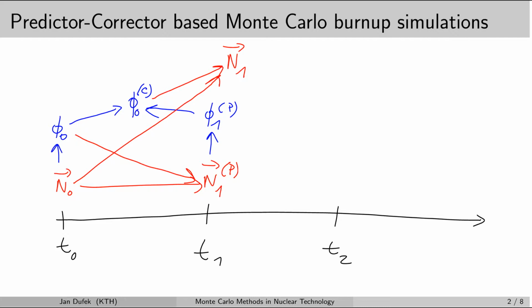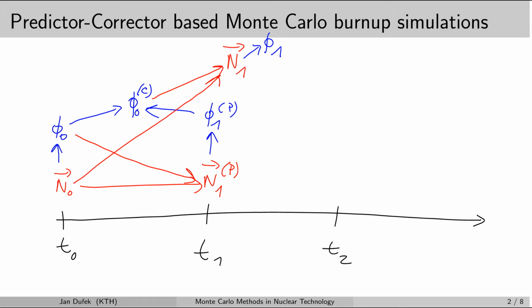So the Monte Carlo solver is called in order to calculate the neutron flux in the system in which the nuclide field N1 is introduced. So well, I don't have much space here, so I will call the solver and I will obtain flux phi 1.